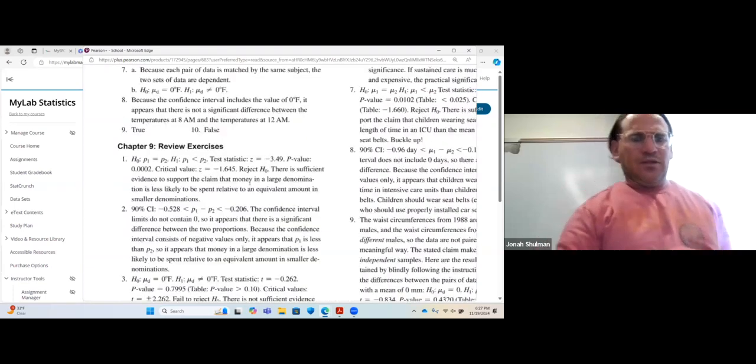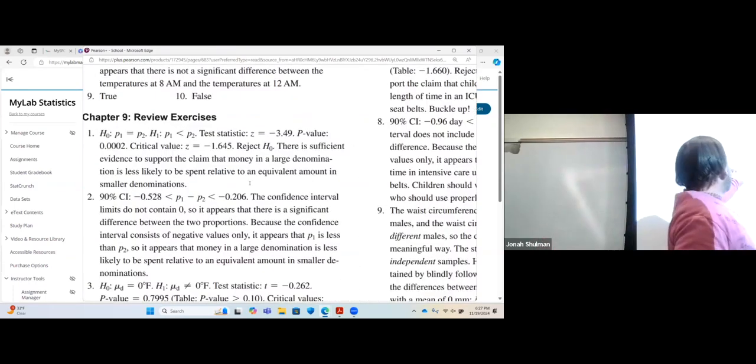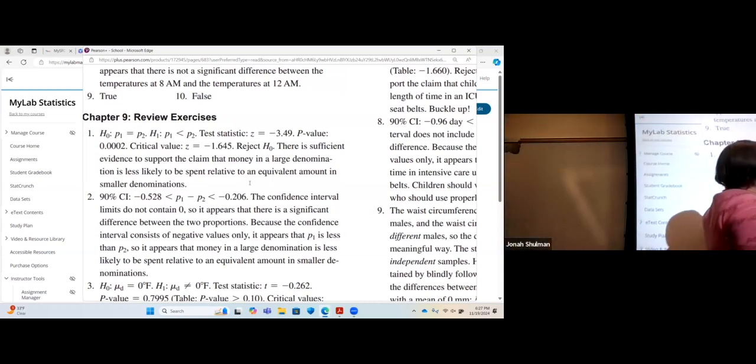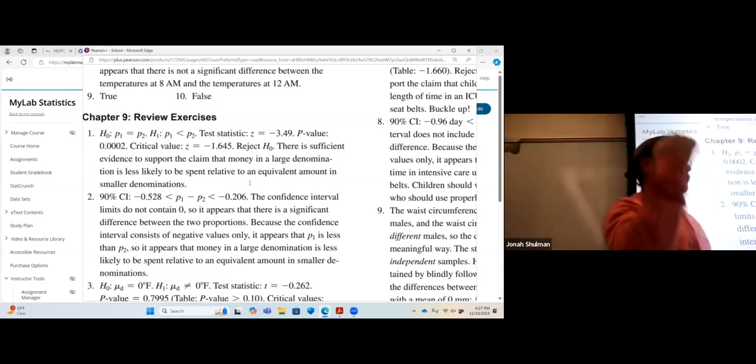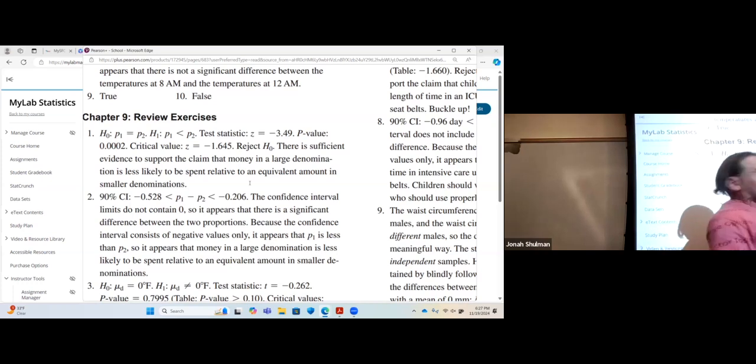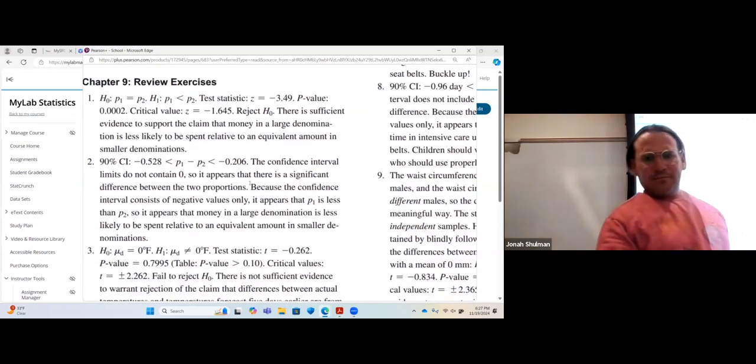All right, so here it is. The first one, 0.002, reject the null. There's sufficient evidence to support the claim that money in a large denomination is less likely to be spent relative to an equivalent amount in small denominations. Correct. Number 2, 90% confidence interval. We got these values. So what is their reason?